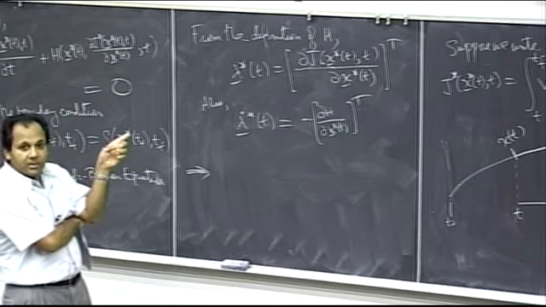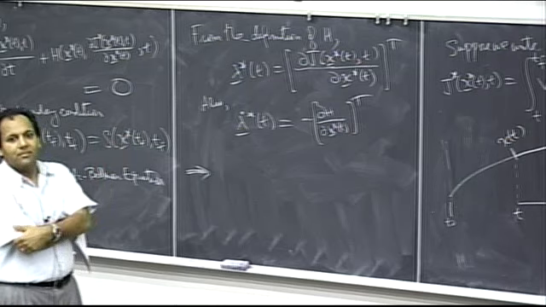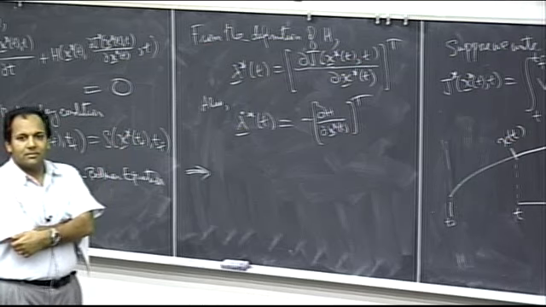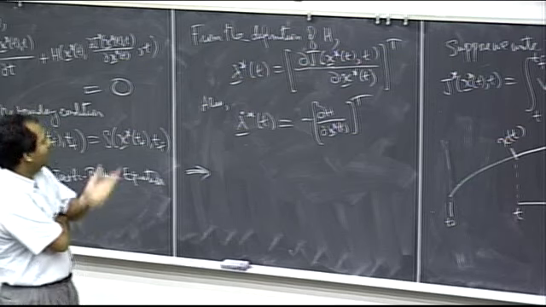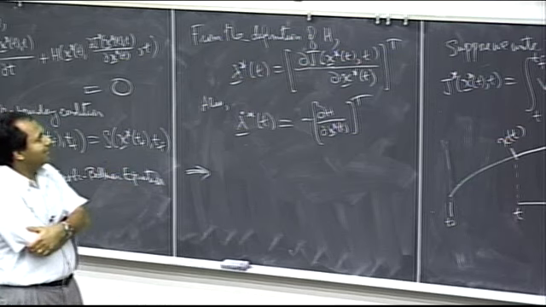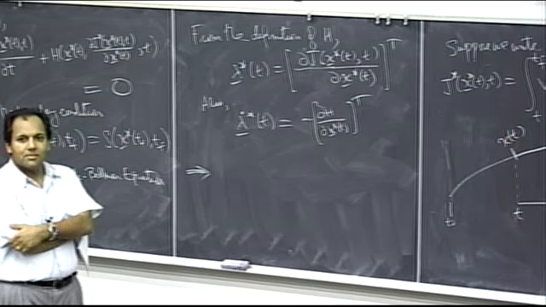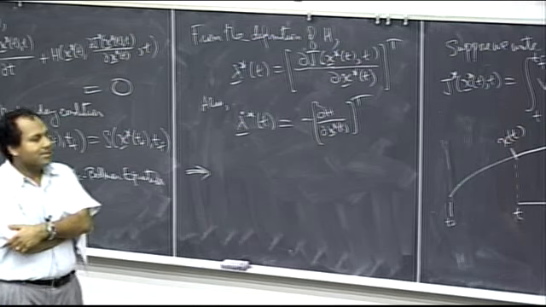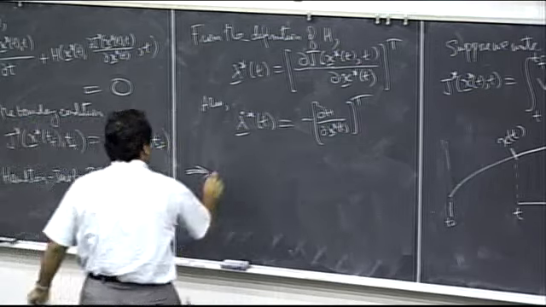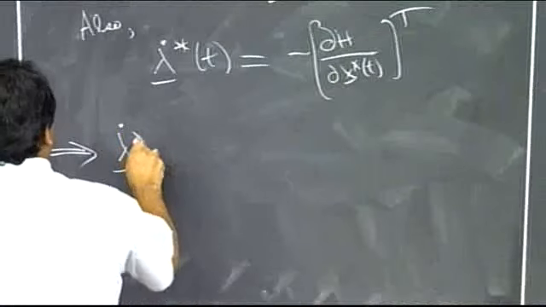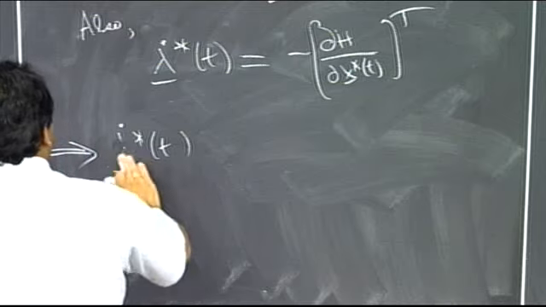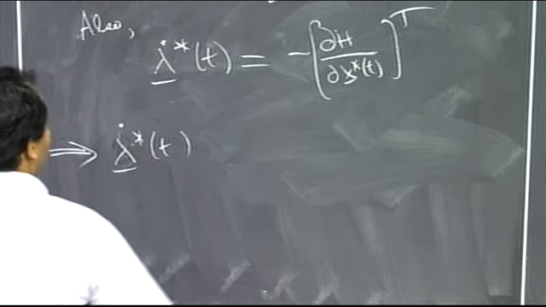I want you to stare at what's on the board and tell me something. What can I do? Yeah, differentiate the first one, right? So lambda dot star of t, okay, is equal to what?